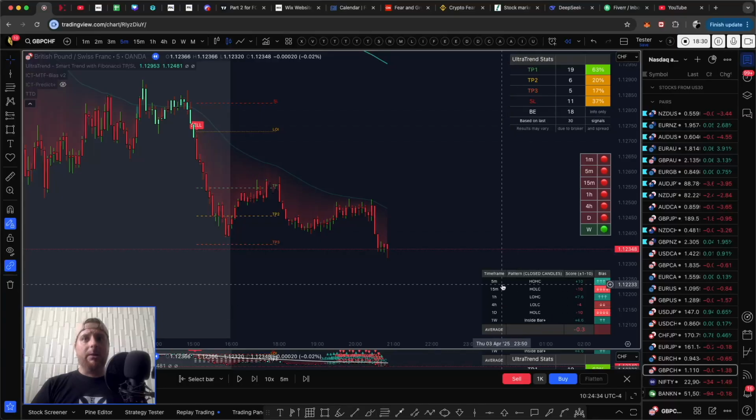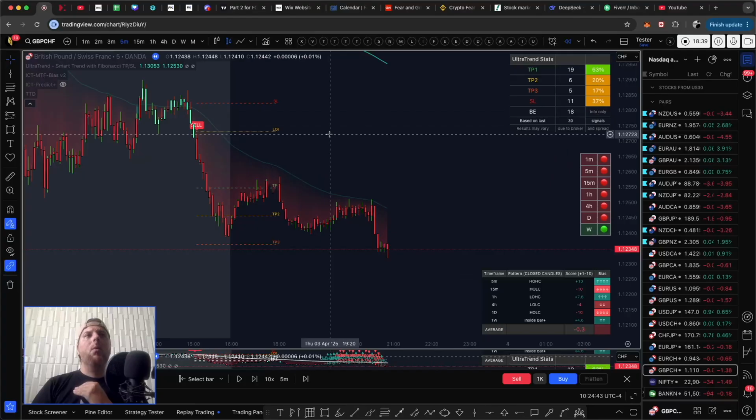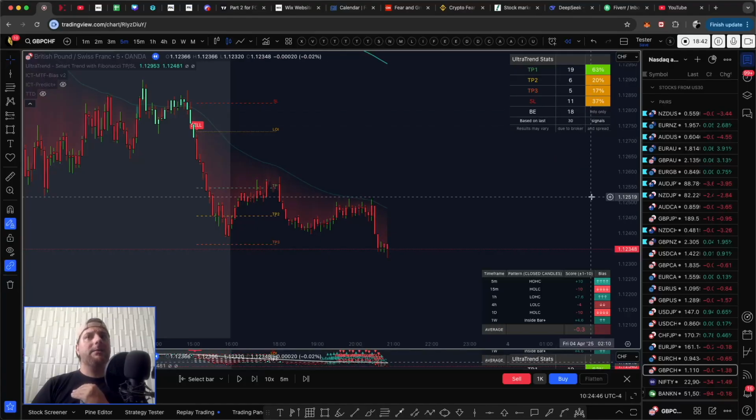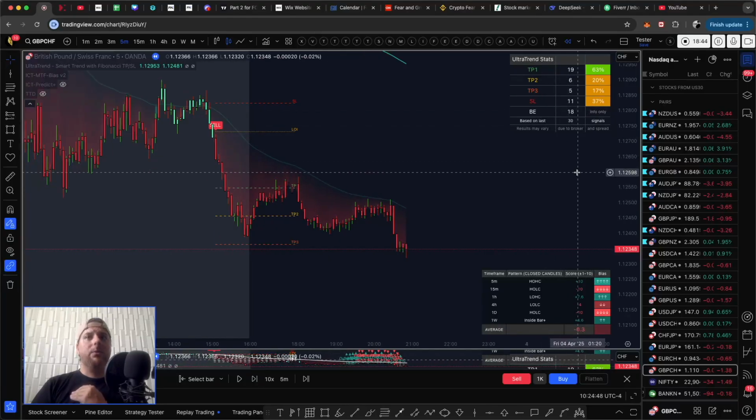But this one right here also measures the 5, 15 minute, 1 hour, 4 hour, daily and weekly, but it doesn't work with the moving average like the TTD. This one works based on the ICT logic of daily bias.